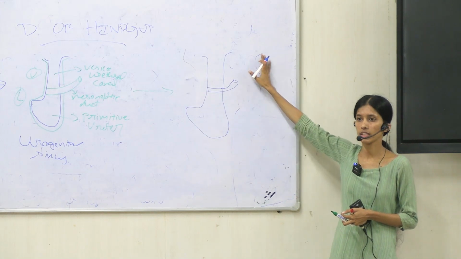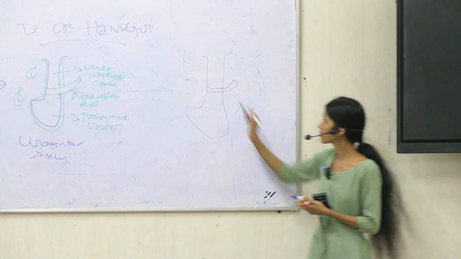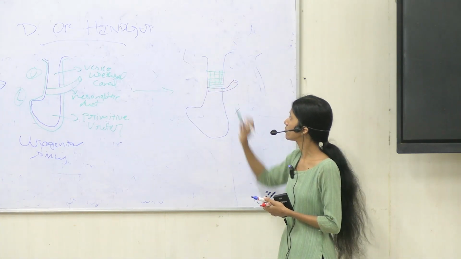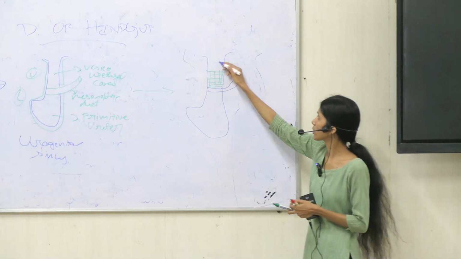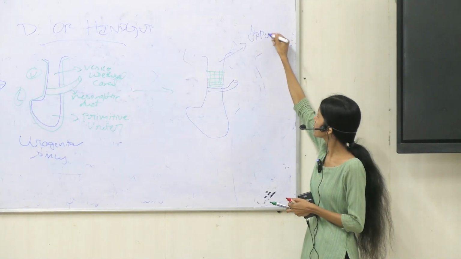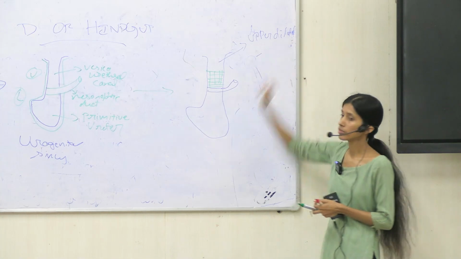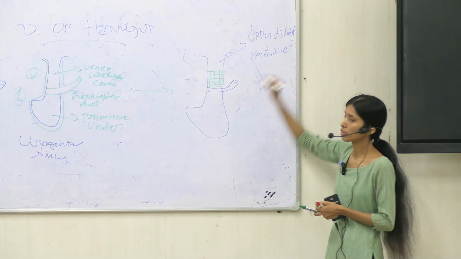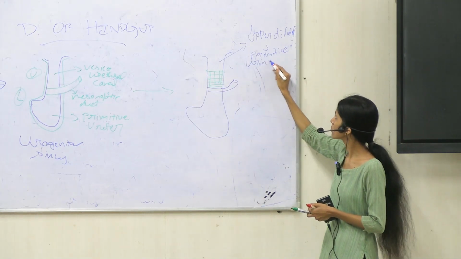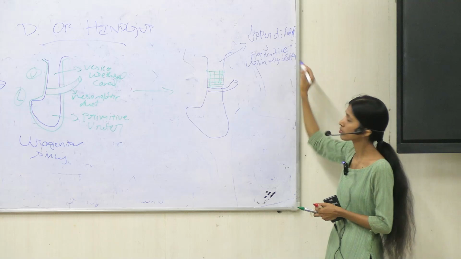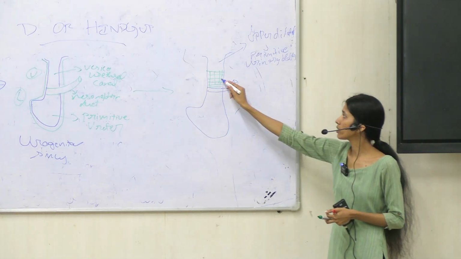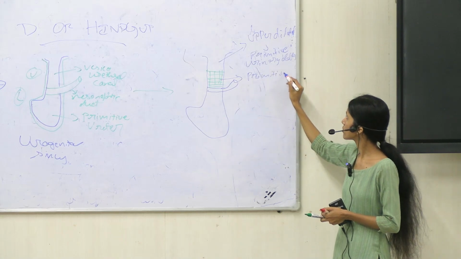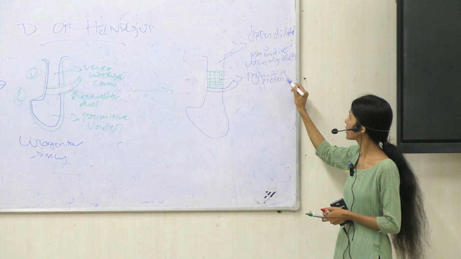The vesico-urethral canal will again give us two parts. The upper dilated part is called primitive urinary bladder. And the lower small part is called primitive ureteric bud.